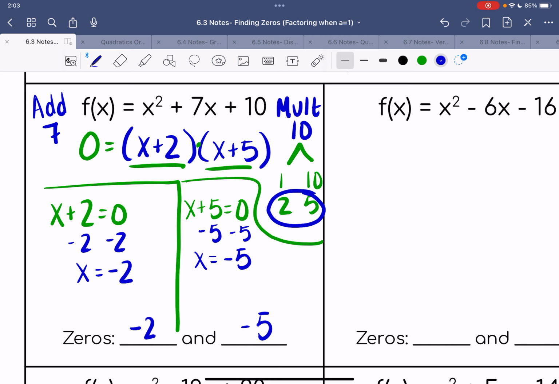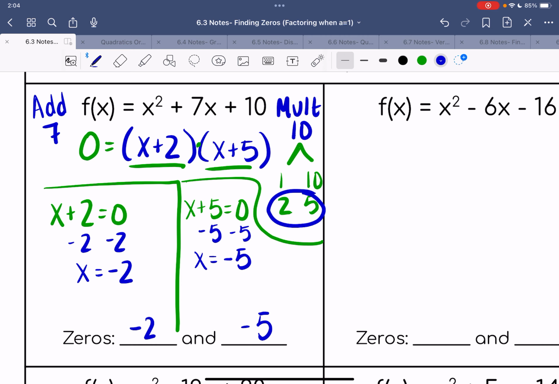So if I were to plug in -2, -2 squared would be 4, plus 7 times -2, so that would be 4 minus 14 is -10, plus 10 would equal 0. If I were to plug in -5, -5 squared would be 25, plus 7 times -5, that would be minus 35. So 25 minus 35 is -10, plus 10 equals 0.